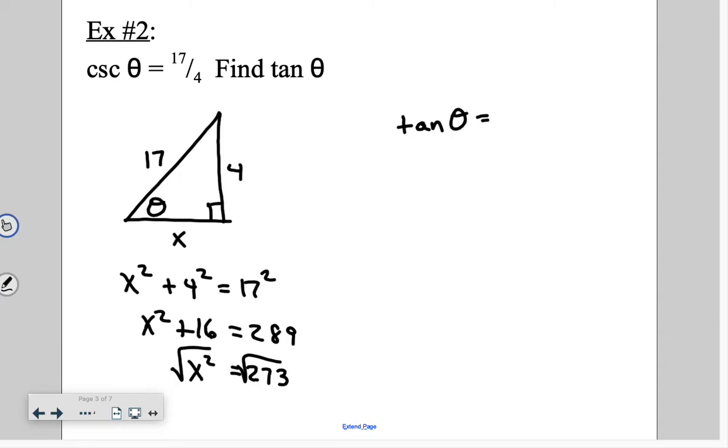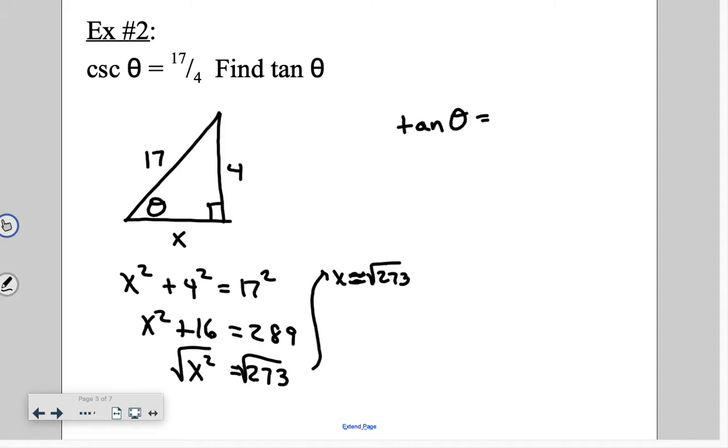This one's not as nice, not even close, okay? We end up with the square root of 273. I don't want you to go to the decimal. I want you to leave it as a square root because when we deal with exact answers, like on the unit circle, we leave it with square root of 2 over 2 or square root of 3 over 2, things like that. We want to leave the square root in it. So that means x is the square root of 273.